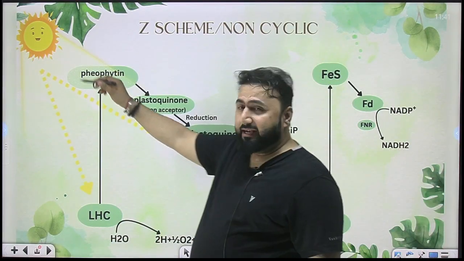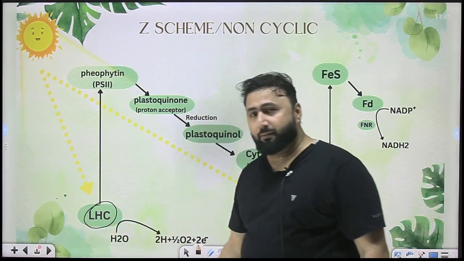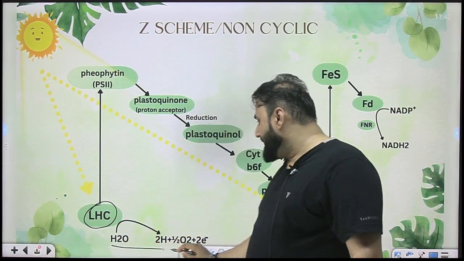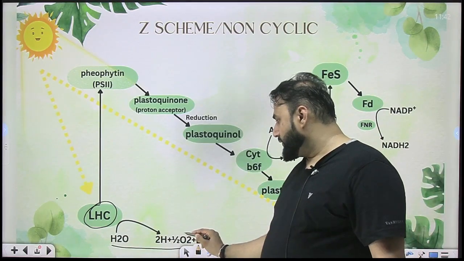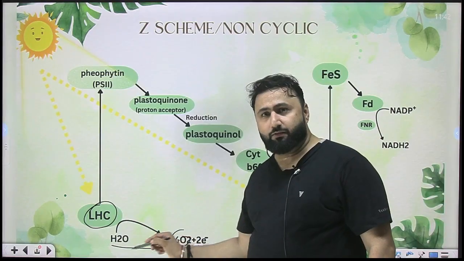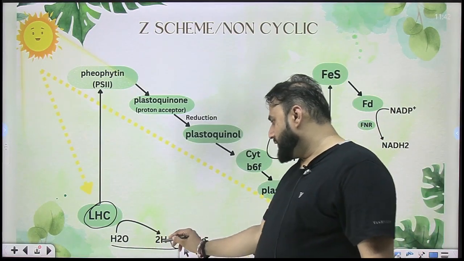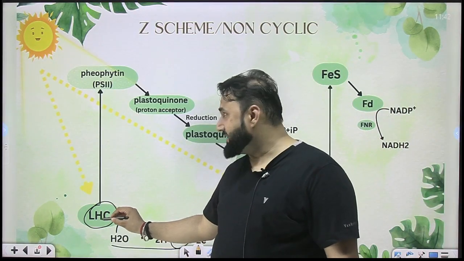Where the sunlight is emitted over here, the light harvesting complex would be having chlorophyll A in the center. Now, the splitting of water would be seen over here. Now, this is a non-balanced reaction where you can see half O2. If we need to balance this reaction, we need to multiply by 2 on both sides. Okay, H2O gives 2H plus, half O2, 2 electrons. Now, here excitation of electrons is happening.